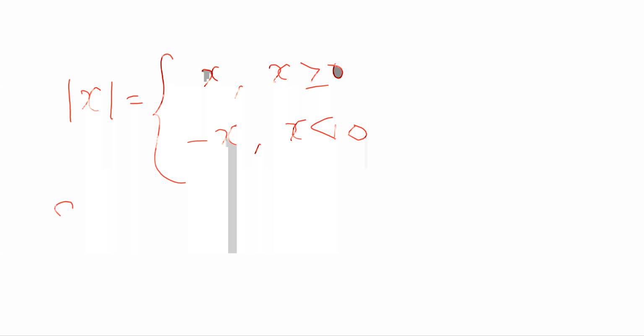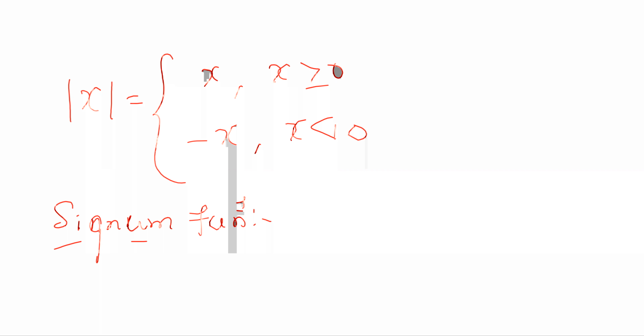Based on this, I'm going to define the signum function. This is also one of the main functions. Sometimes they will directly ask, is the signum function differentiable or not? That's why you should try to remember this definition.